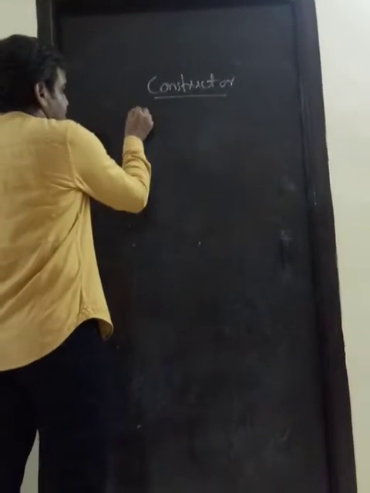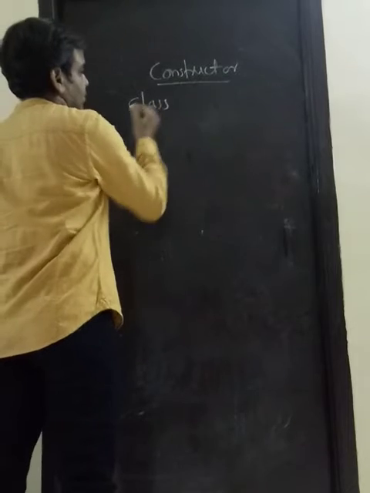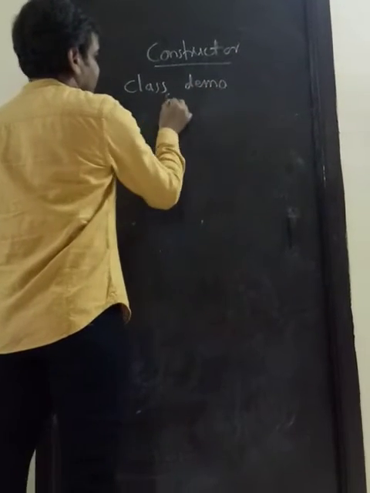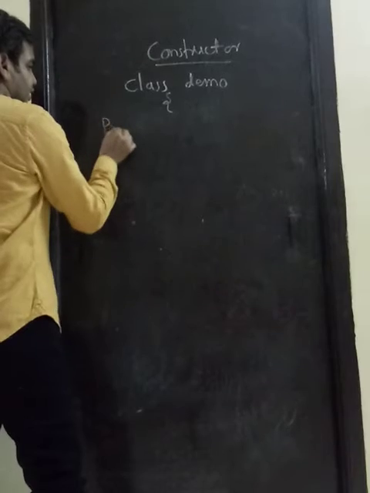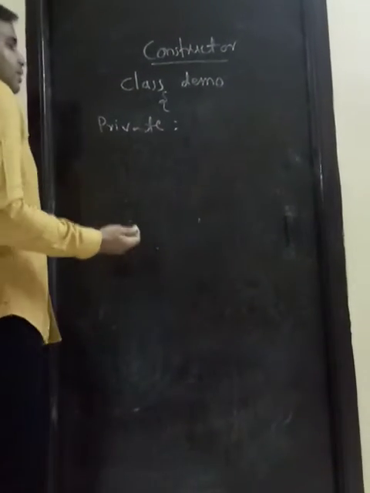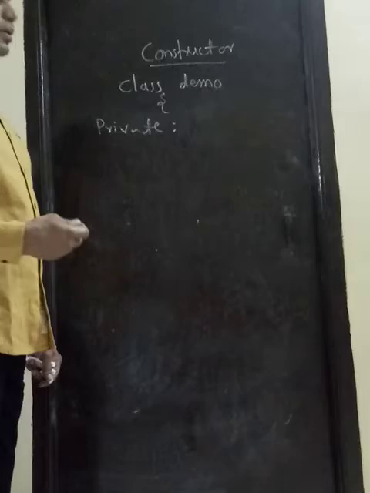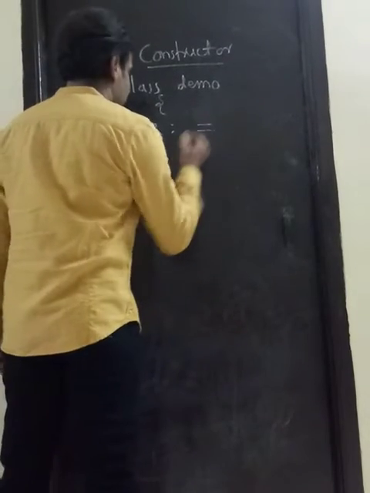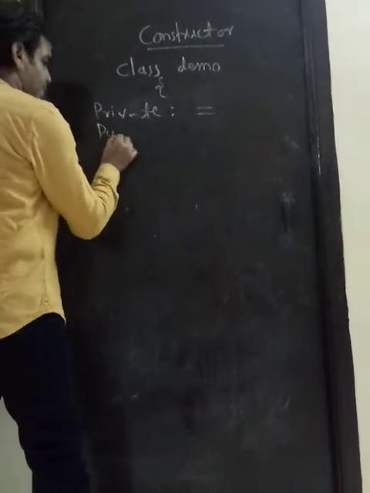So we will first see the simple syntax of the constructor concept. See, class demo. I am taking the class name as demo. Commonly we take private and public. In C++, if you don't specify anything, the default is private. So private holds the variables, then public.